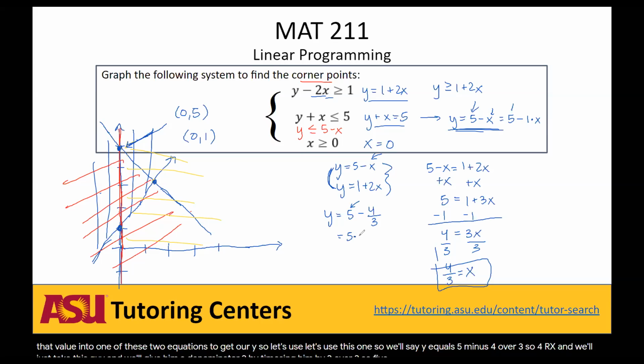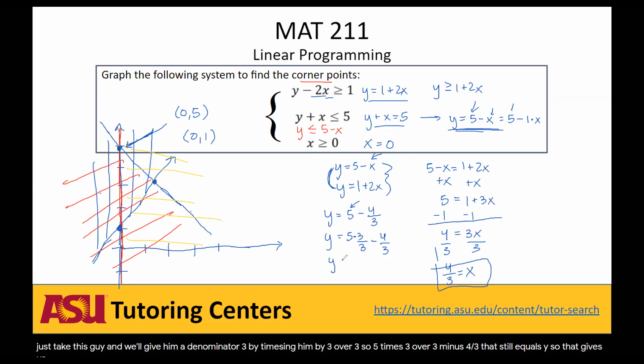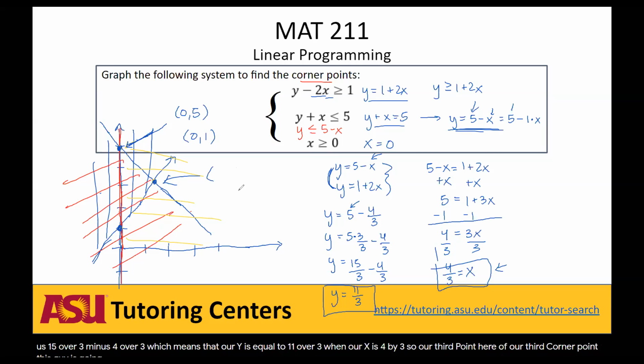So 5 times 3 over 3 minus 4/3 still equals y. So that gives us 15 over 3 minus 4 over 3, which means that our y is equal to 11 over 3 when our x is 4 over 3. So our third corner point, this one, is going to be 4 over 3, 11 over 3. And those are our 3 corner points.